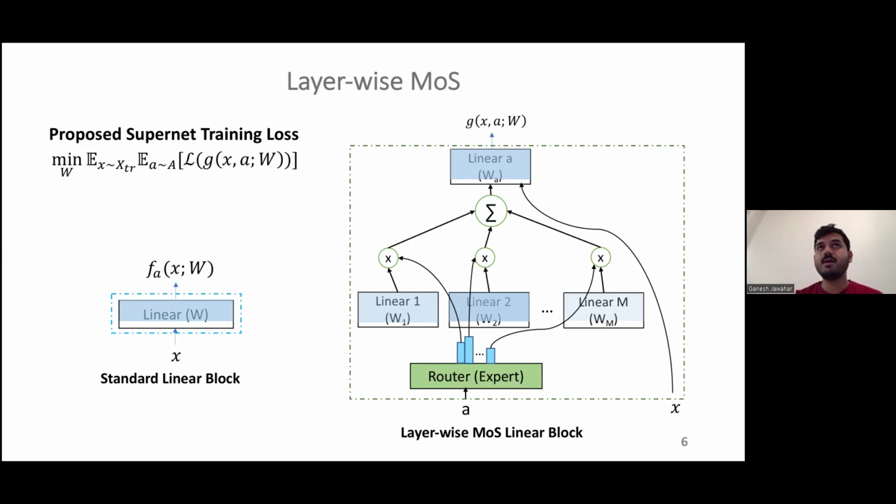So this is a task the router can take. Taking a smaller architecture or a larger architecture as input, it could generate a very different probability distribution. For example, for the smaller architecture, it could say that you can use all the features from the linear one weight matrix, and for the bigger architecture, it can say that you can use all the features from the linear two weight matrix.